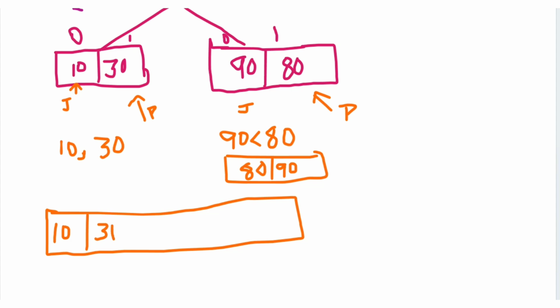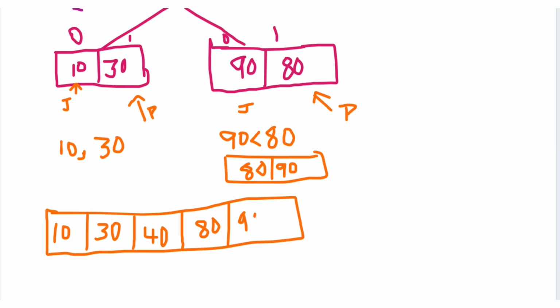It is already in its correct position. All elements are in their correct positions. We get all elements in ascending order: 80, and the last one is 90. This is how the quicksort algorithm works, with recursive sorting.